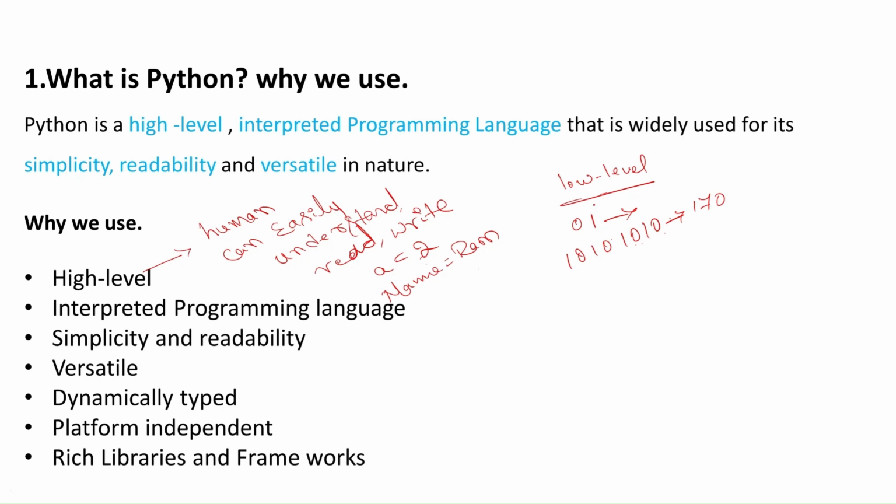So it is difficult to understand low-level languages. That's why Python is a high-level language, easy for humans to understand, read and write. Then what is meant by an interpreted programming language? It means the code will execute line by line.